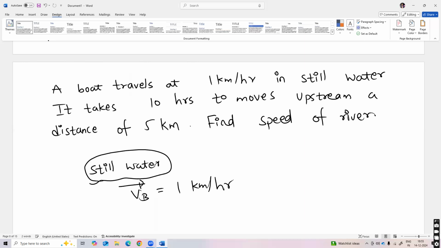When the river is not moving, or if it is in a lake, it is the speed of the boat. You should always remember that when you find the term still water, it is the velocity of the boat they have given. It takes 10 hours to move upstream.